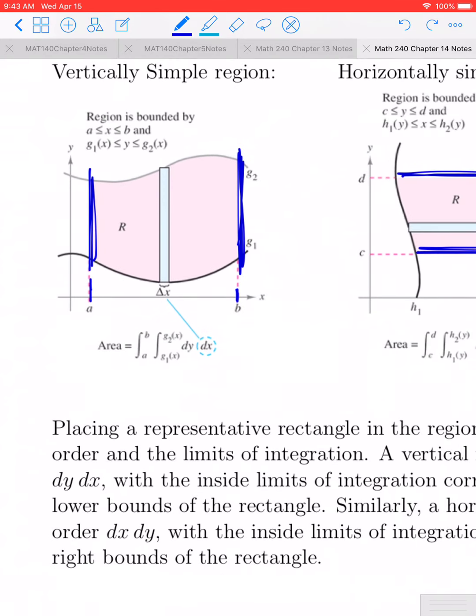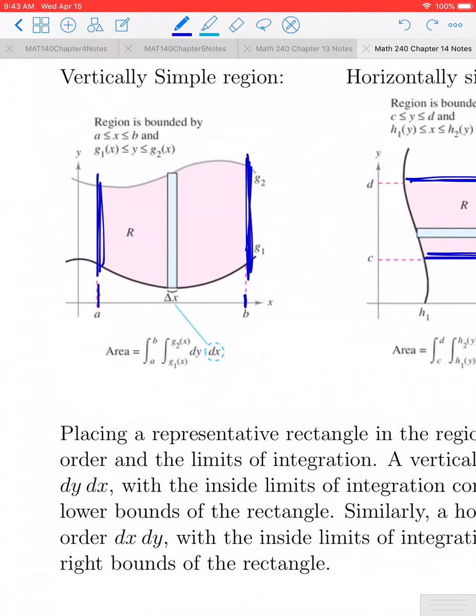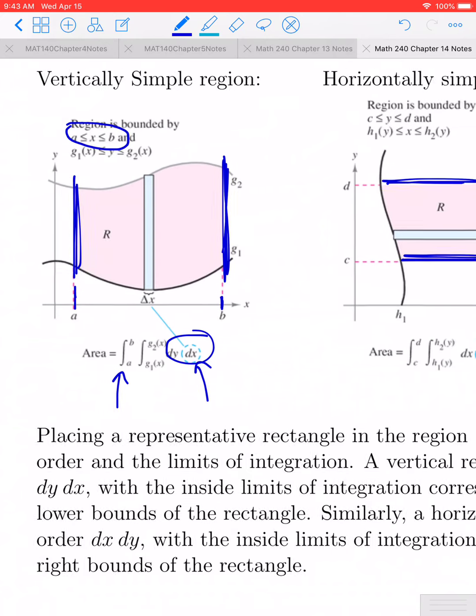The way this will affect the iterated integrals is as follows. When we have a vertically simple region, remember it's bounded between a less than or equal to x less than or equal to b. So it's the x variable that's bounded by constants, which means that's going to be the outer part of our iterated integral, which means that the order of integration in that case will be dy dx.